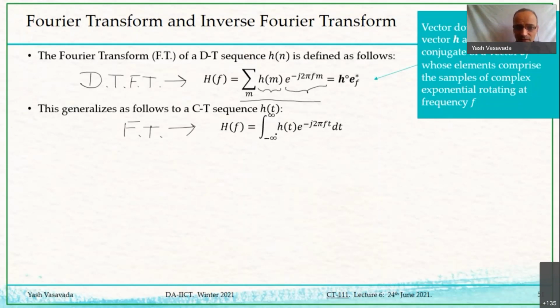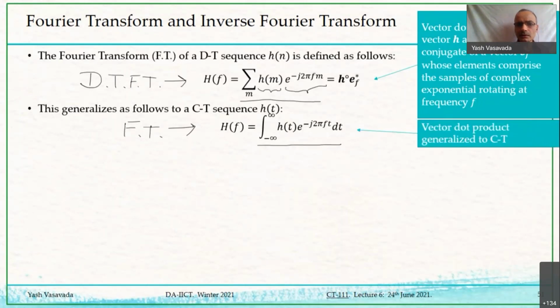You may recall this formula from when we did the functions g1 of t and g2 of t, or g in-phase of t and g quadrature phase of t, which are continuous time functions. We had said that this type of evaluation is the continuous time counterpart of the vector dot product. Okay, so this is what we have seen earlier.